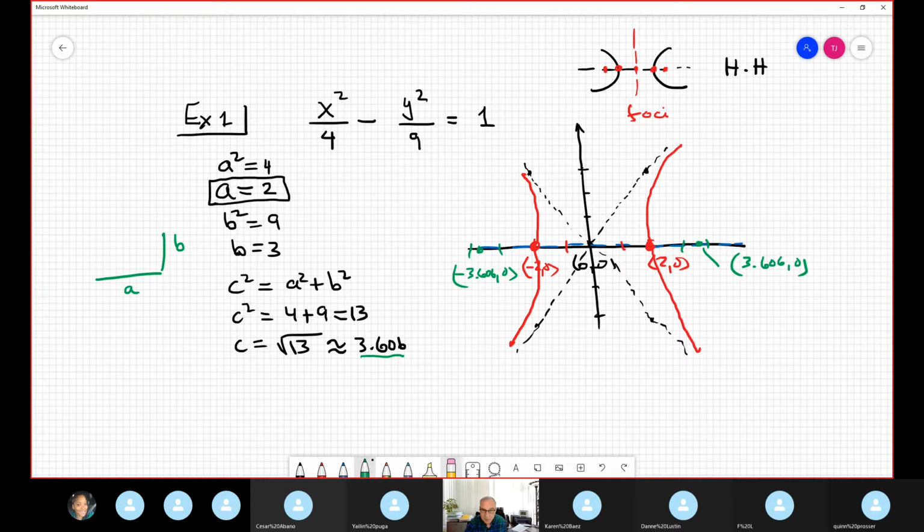Remember, we have here a focus and another focus. The equation for the asymptote, with h and k equal to 0 and passing through the origin, is y equals plus or minus b over a times x, because we have one positive slope and one negative slope. b is 3, a is 2, so 3/2. One equation for both asymptotes in this case.